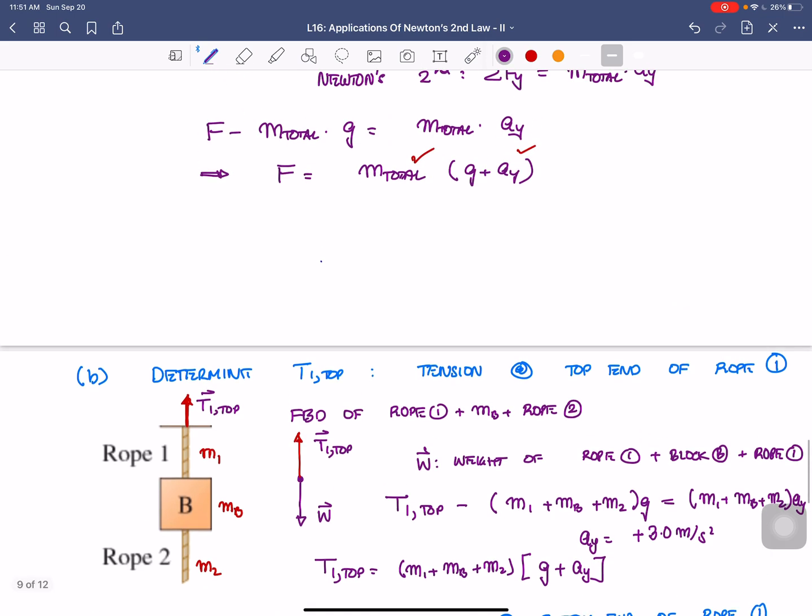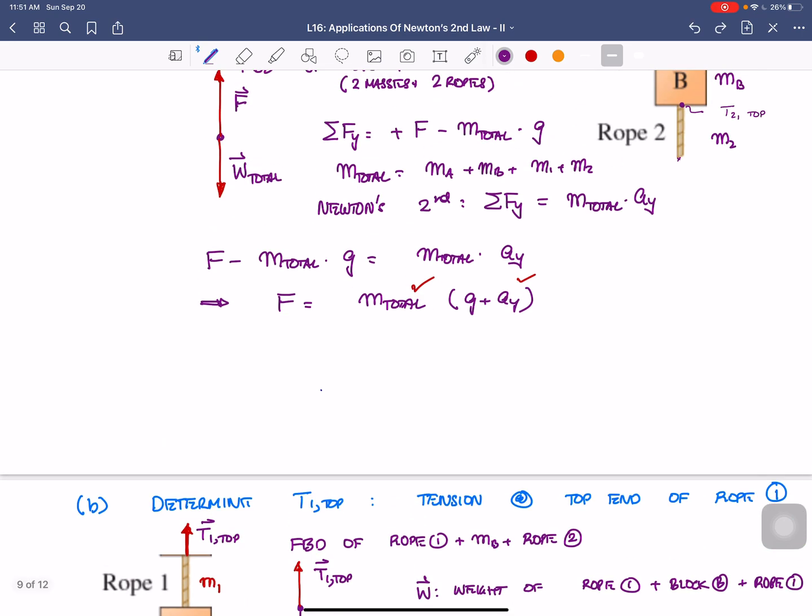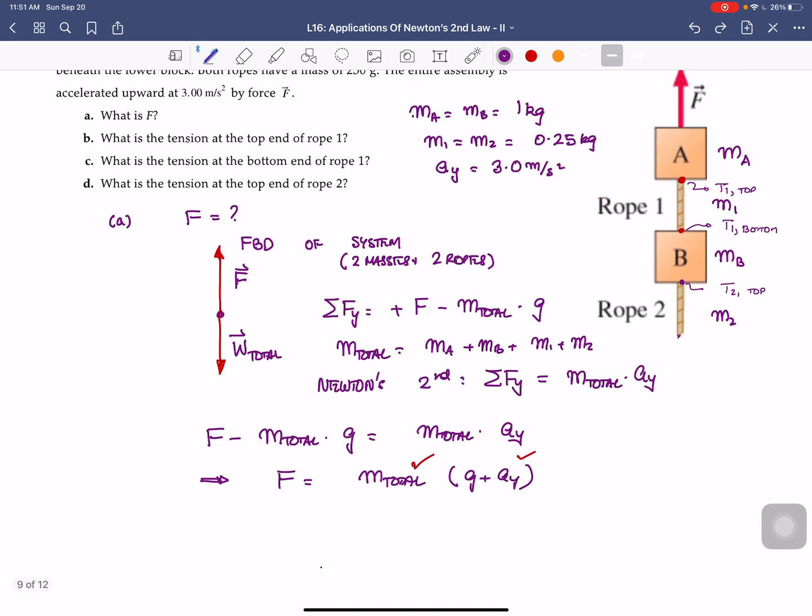Comparing it with the equation we had earlier for the total mass, the force F there is responsible for accelerating everything below it, which was the entire system.